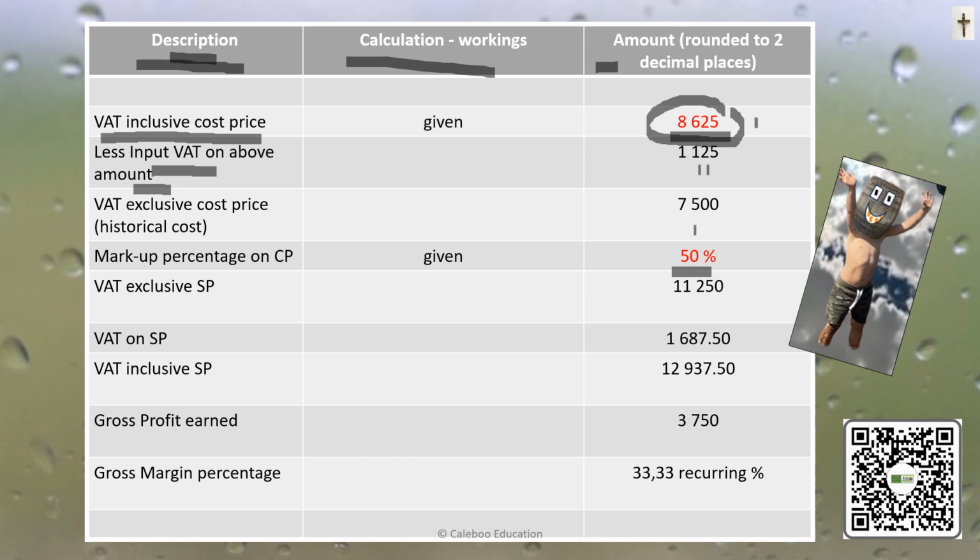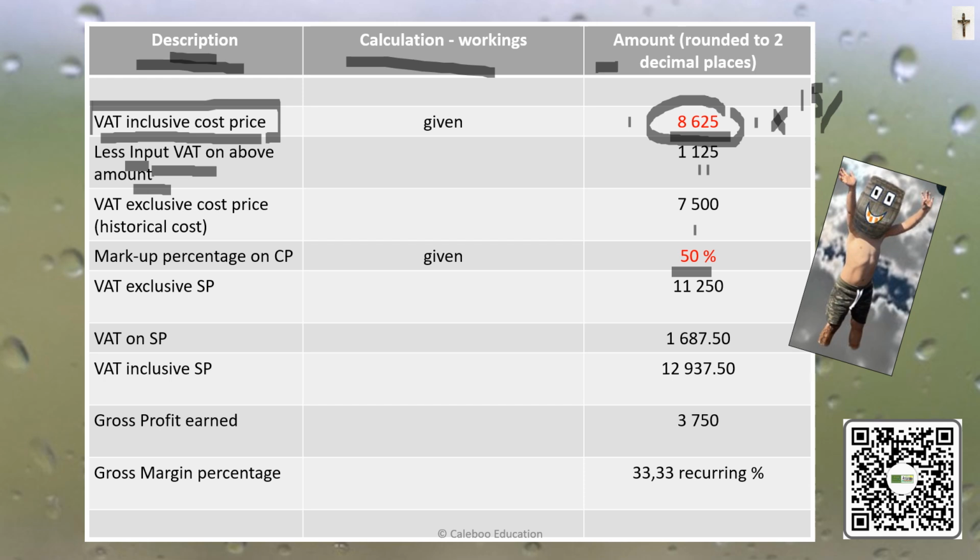Remember, you have bought an item from a VAT vendor at cost price, but the cost price has VAT on it. Now we need to calculate what is the input VAT we can claim on the 8625.